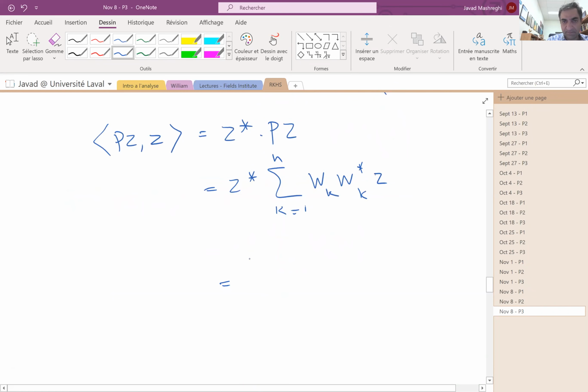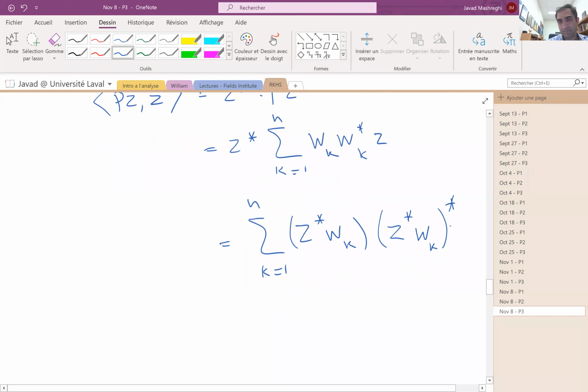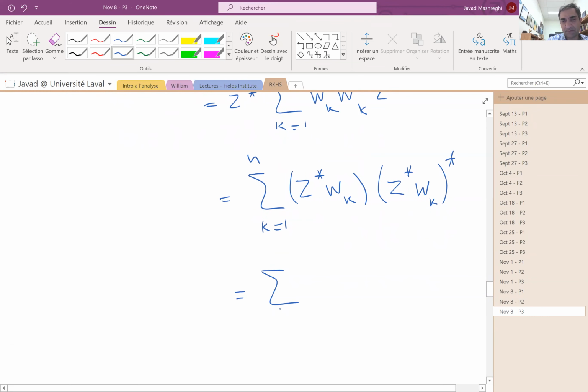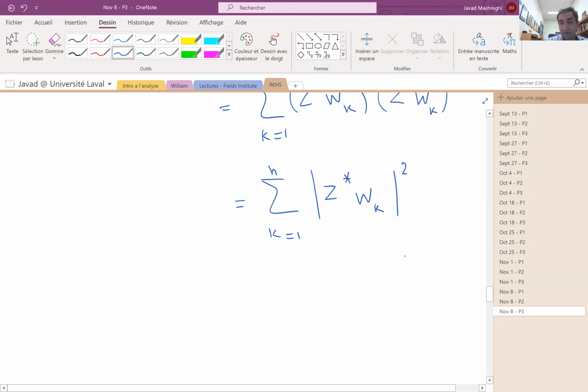Take z inside, and it's z star wk, and this one I can write as z star wk star. So it's the same thing as z wk, and note that this is a complex number. So it becomes z star wk, and finally we obtain the same formula as before.